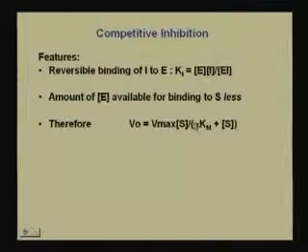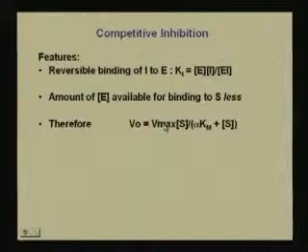The Km value has an alpha associated with it now. The Km value you see is not Km anymore, it is alpha Km, because the Km is being modified, and we saw how it is being modified. The Vmax is the same. The Vmax does not change. Why? Because the total enzyme is the same.